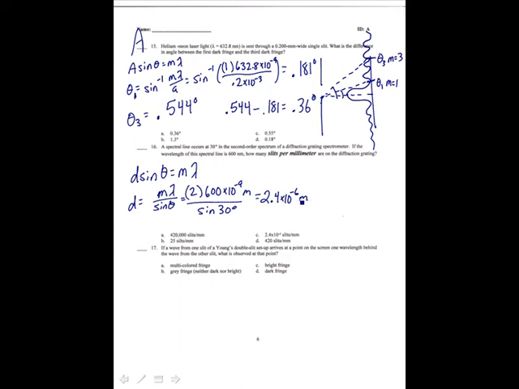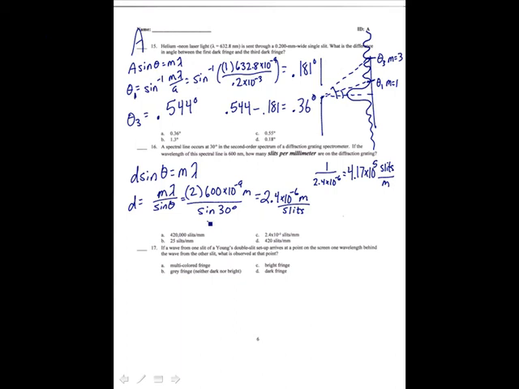So this is the number of meters per slit. I want to take the inverse of this. So 1 over 2.4 times 10 to the minus 6 will give me 4.17 times 10 to the 5th. That's in slits per meter. But then I want to convert that into slits per millimeter.